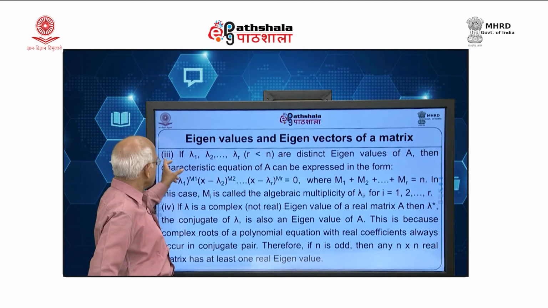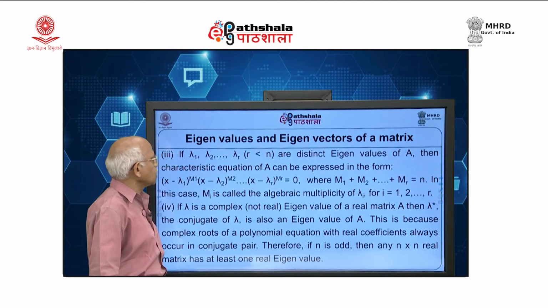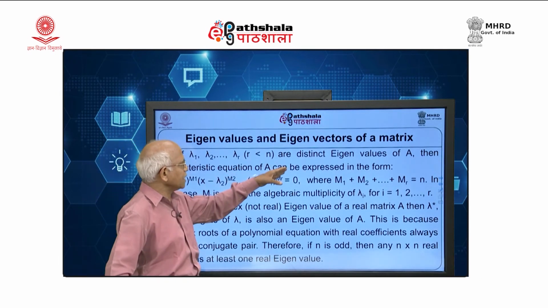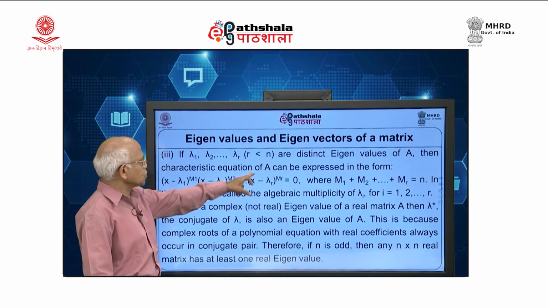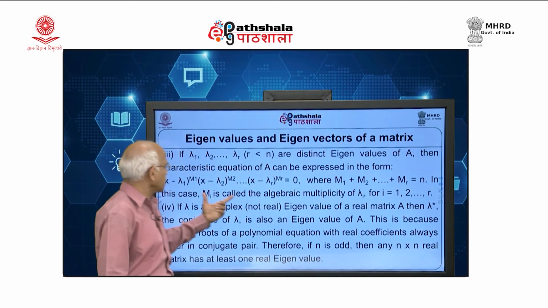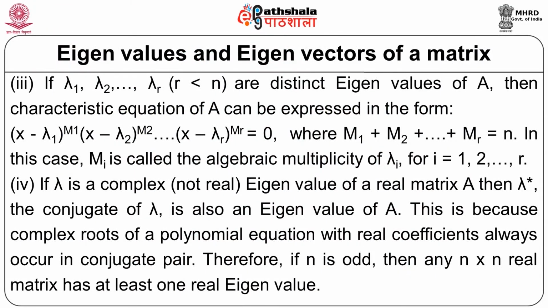And so, if lambda 1, lambda 2, up to lambda r, with r less than n, are distinct eigenvalues of A, then the characteristic equation of A can be expressed in the form like this. Some of these values may be repeated: lambda 1 is repeated m 1 times, lambda 2 is repeated m 2 times, and lambda r is repeated m r times, such that the sum of all these has to be equal to n.